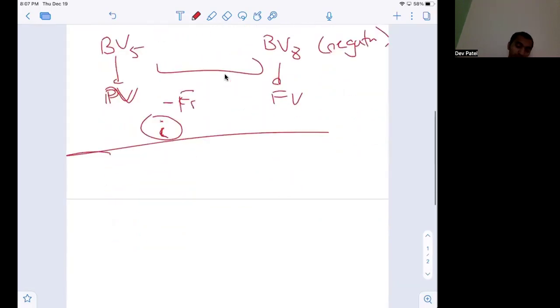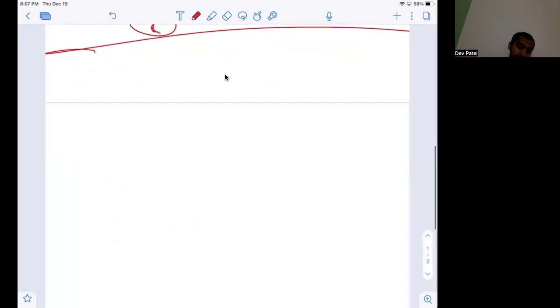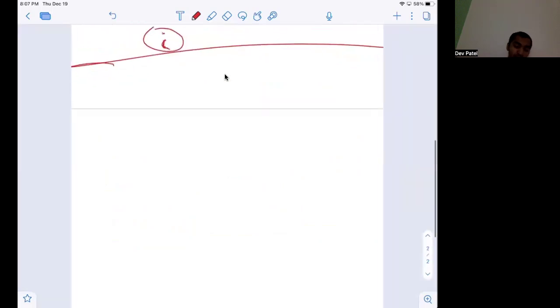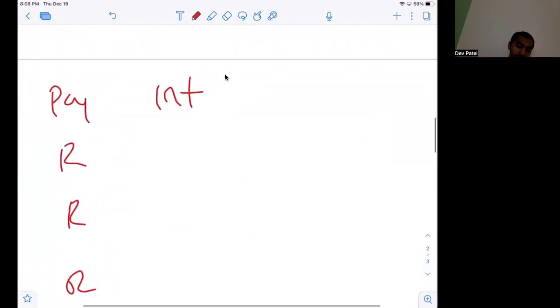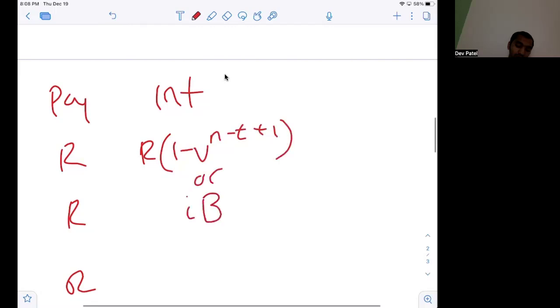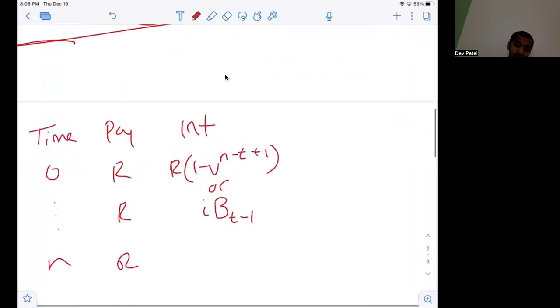If we're looking at the case of loans, again a similar idea, where we have time and payment, which is typically just R all the way to n. We have interest due, which is R times (1 - v^(n-t+1)), or i times the previous book value.